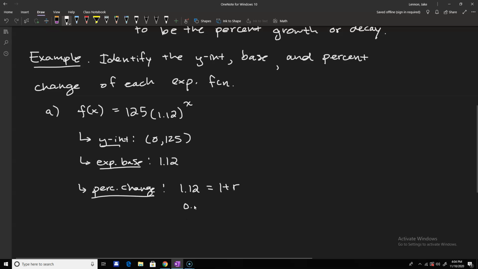So we would end up with 0.12 is equal to the value of r. So this means that f of x has a 12% growth rate. You have to multiply by 100 to convert that decimal to the percentage.